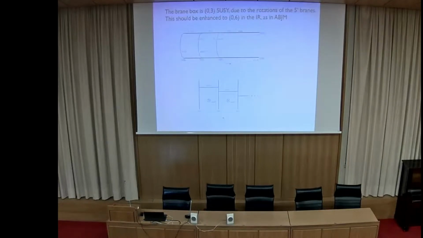We can draw this in a way in which, if we freeze R and just look at this part of the brane intersection, what we have is the NS5' brane at psi equals 0 or 2 pi. Here we have NS5' at psi equals pi, which forms a bound state with the D5 branes.